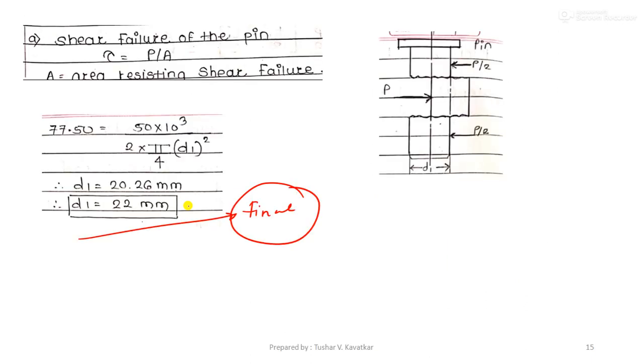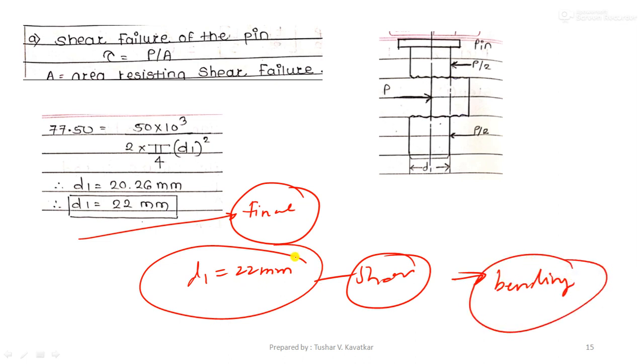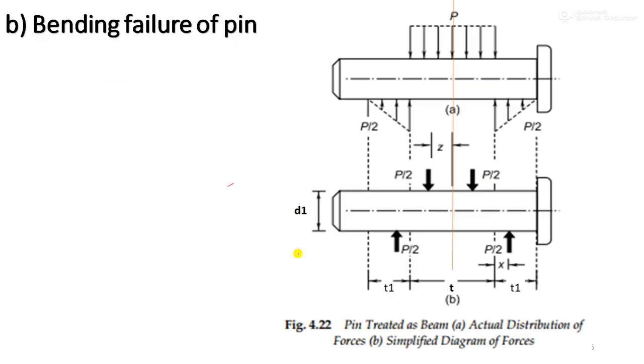So maybe if you are considering T1 equal to 20 mm, this pin will not fail under shear, but it may not be sufficient for the bending failure. So this pin may fail due to bending. So we have to calculate d1 again. Let us say you have calculated d1 using the bending failure criteria, and let us say it is 25 mm.